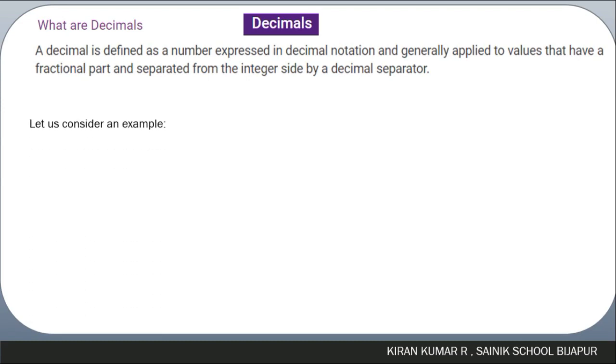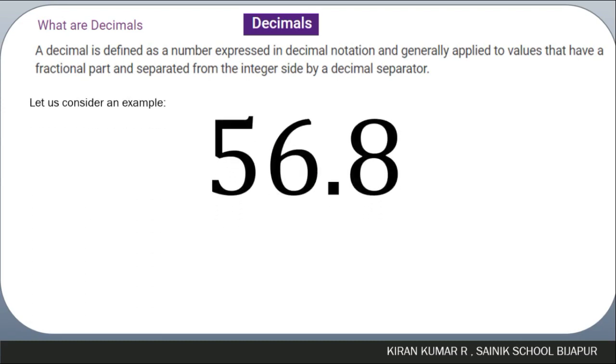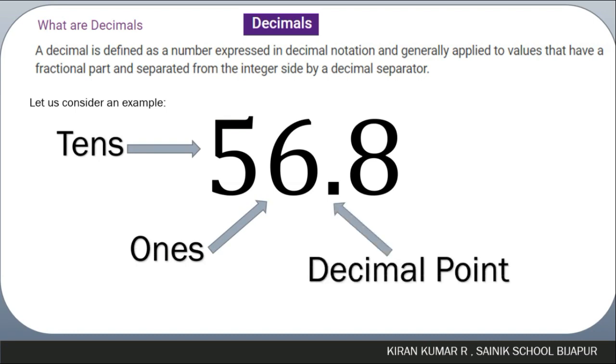Let me consider an example. 56.8. Here there are 3 digits used. The digit 5 is in the tens place, digit 6 is in the ones place, and there is a decimal point, then there is the tenths place.